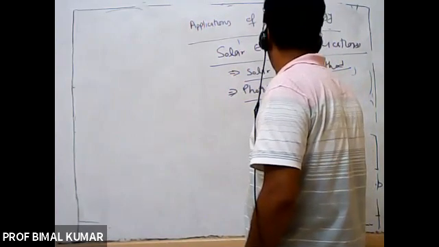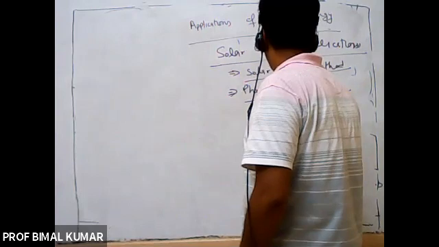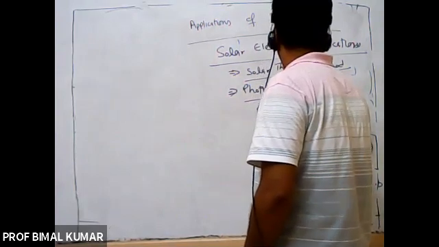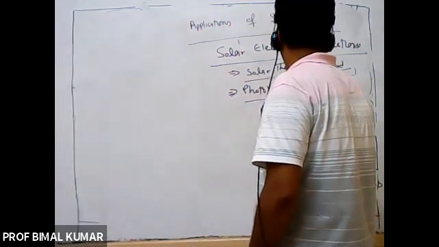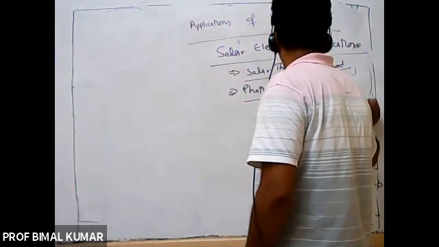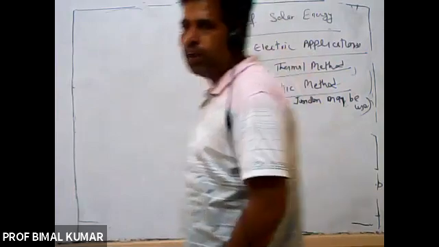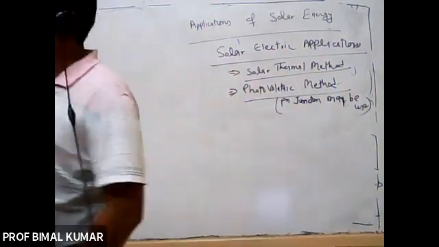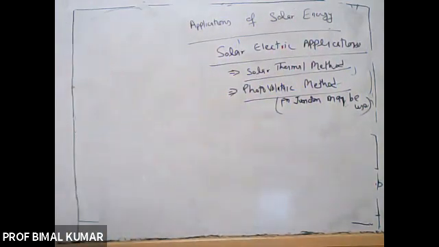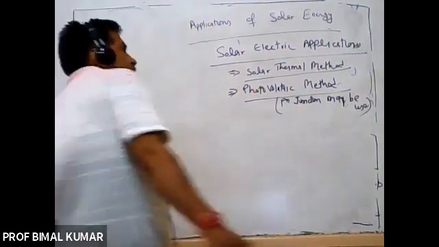A PN junction may be used for conversion of solar radiation into electrical energy.